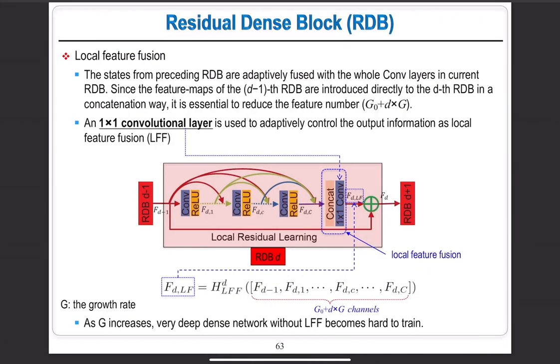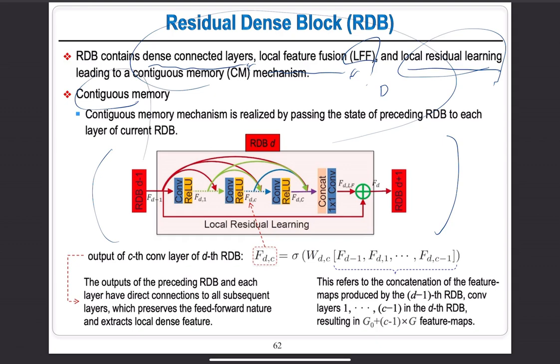And one of the RDN's key innovations, or key contributions, is the contiguous memory mechanism. In this structure, the state of the previous RDB is passed not just to the next block, but to every layer within this one.